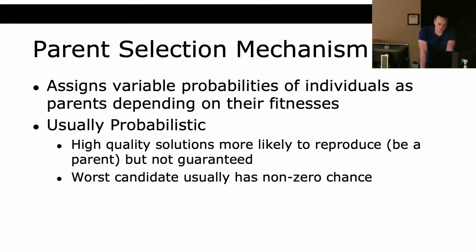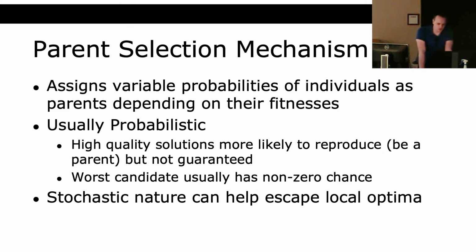This is usually probabilistic, so high quality solutions are more likely to reproduce, but not guaranteed. The worst candidate solution typically has a non-zero chance of being selected. So that just means that everything has some chance of being selected, no matter how bad it is. But it could be very, very, very small. This stochastic nature can help us to escape local optima. I'll show an example of what that means in a little bit.